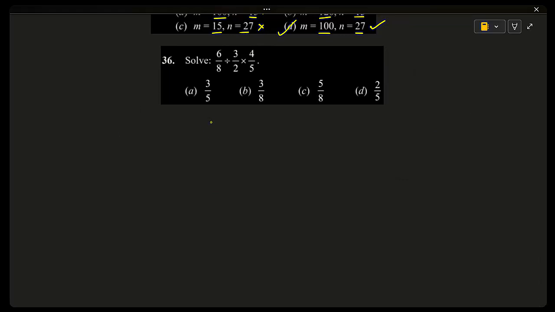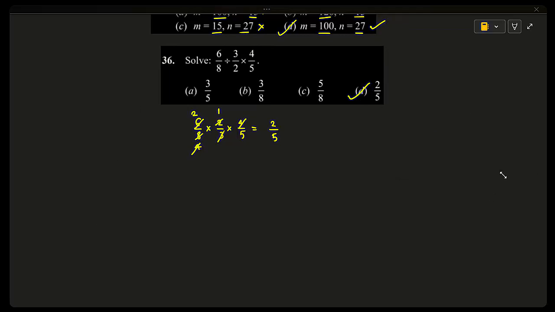First we have to do division, then multiplication. So the first fraction will be as it is, division becomes multiplication, and the second one will become reciprocal, that is 2 by 3 and into 4 by 5. So now we have to simplify this. 3 ones, 3 twos, 2 ones, 2 fours, 4 gets cancelled, and the answer is 2 by 5. Very simple question. And the answer is option D.